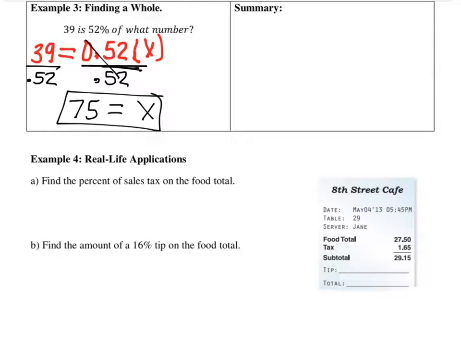So in summary, we have three things that we need to pay attention to. The first one, if you see the word is, that means that you need to have an equal sign.